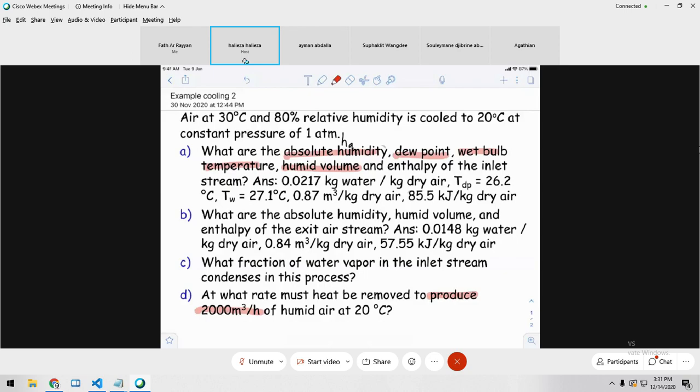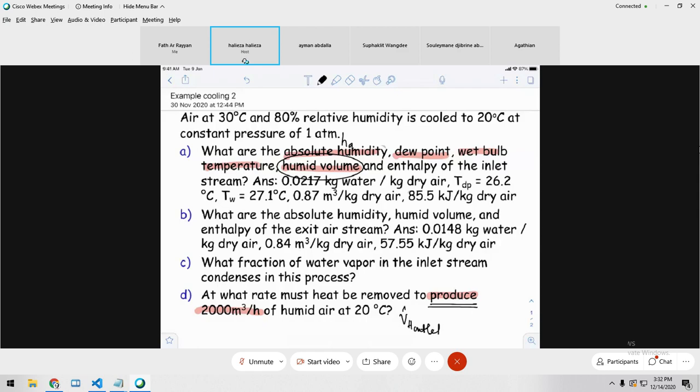From the humid volume, you should be able to get the amount of dry air. But the humid volume that you're getting over here is actually for the inlet, so you cannot multiply it with that humid volume. That is for the inlet, because the question asks for the outlet. So you need to find the humid volume of the outlet.